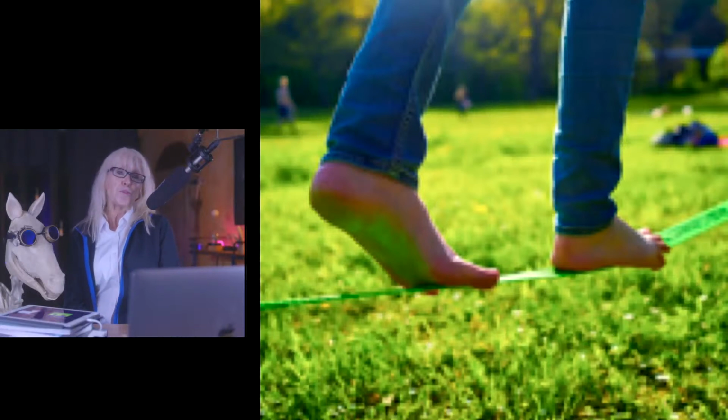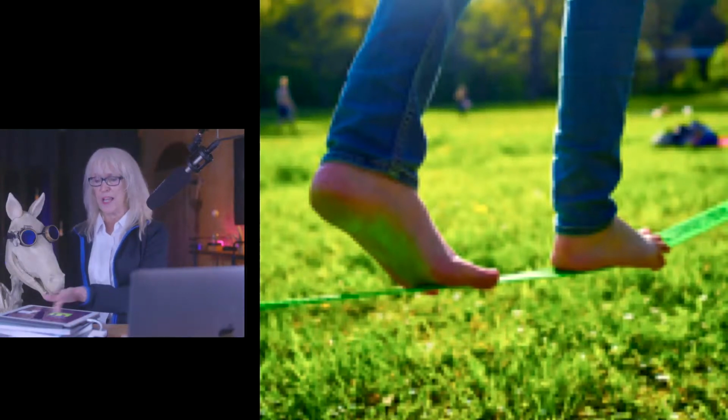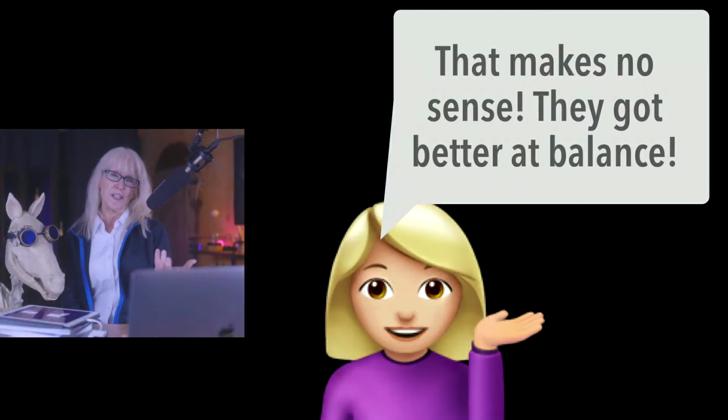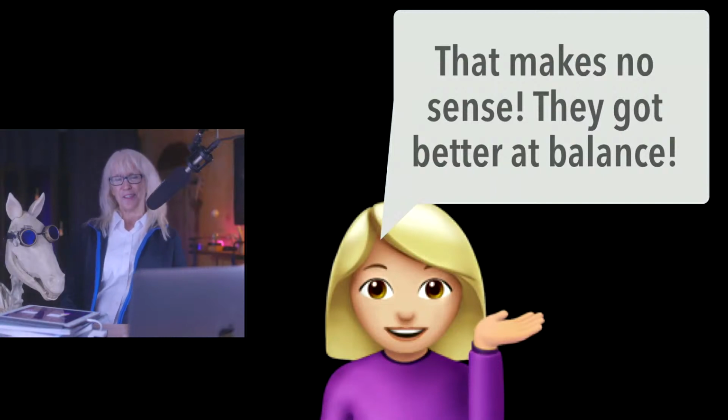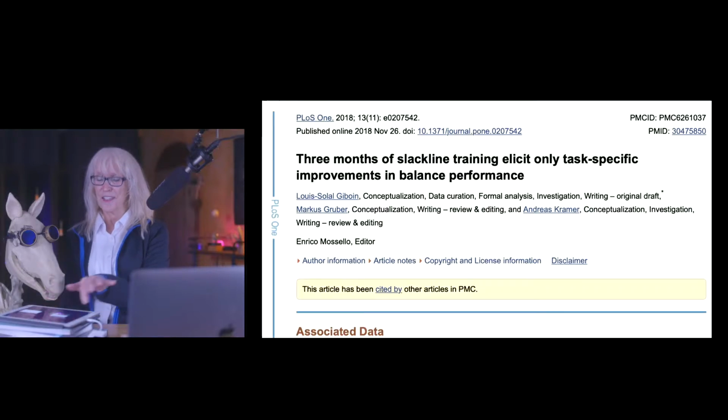So it didn't improve their balance, it improved their slackline balance. We have to think about specificity and transfer. People will think, well, that makes no sense, they're really good at balance. No, they're good at balancing on a slackline. And that's the study right there, three months of slackline training.